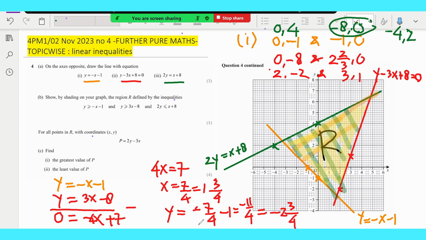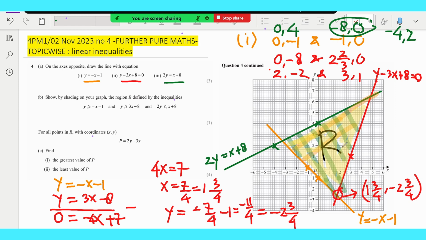Okay, so that is our coordinate of intersection here, which is here. So that will be 1 3 over 4 comma negative 2 3 over 4. That is our coordinate. Now we still have 2 more coordinates to find.